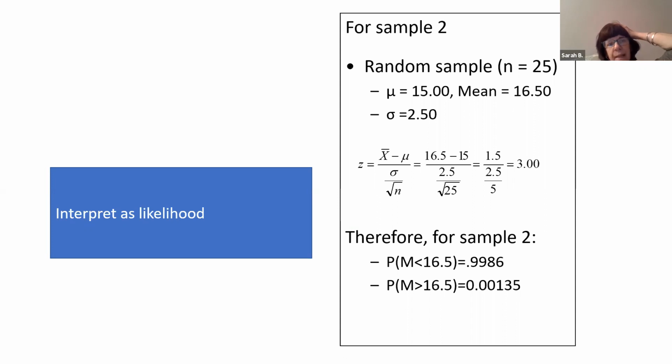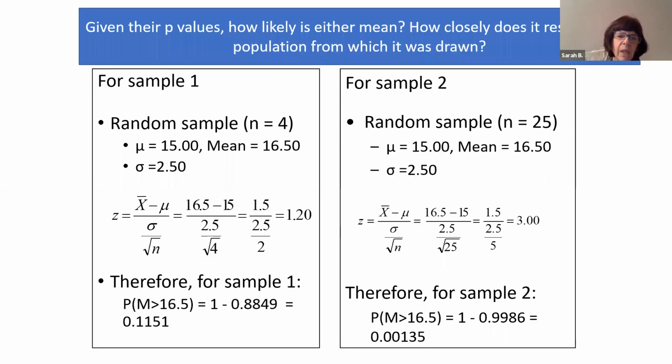How likely a value is, is related to its proportion under the expectations of the normal distribution. So you can say, given these two random samples, how likely is either mean? How closely does it resemble the population from which it was drawn? Remember, they're the same mean, but they're drawn from separate sample sizes.